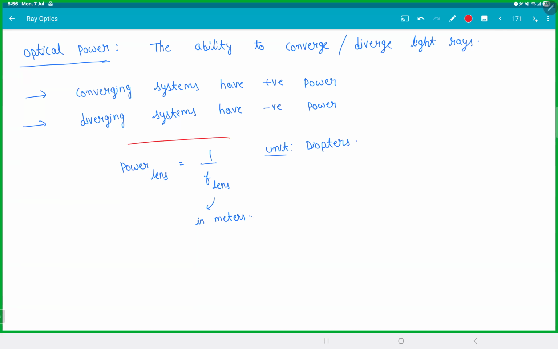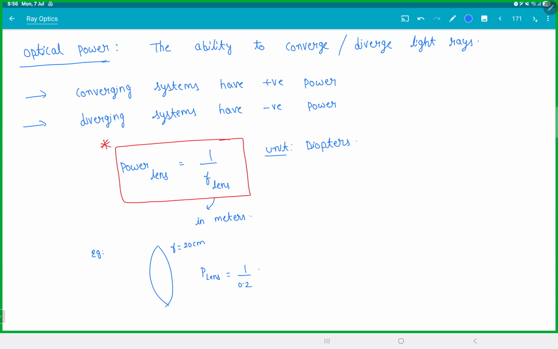So for a lens, the power is 1 by focal length of the lens in meters. Example, if you take a lens and say the focal length is 20 centimeters, then the power of the lens will be 1 by 0.2 meters, which is +5 diopters.